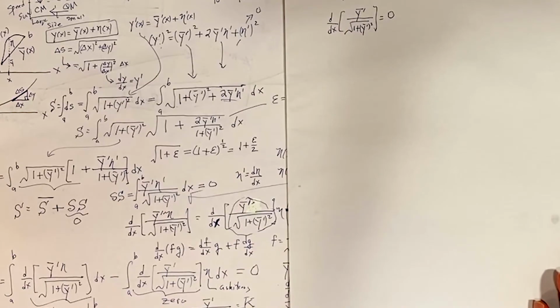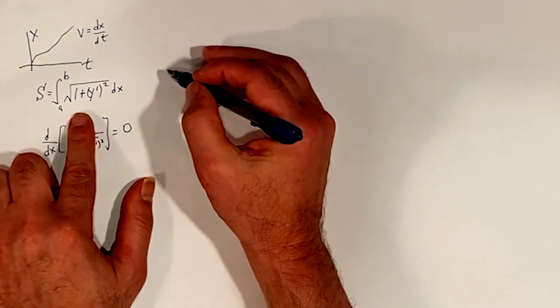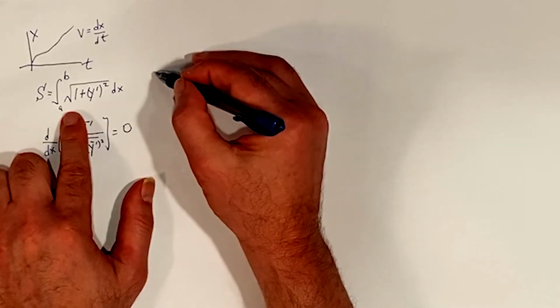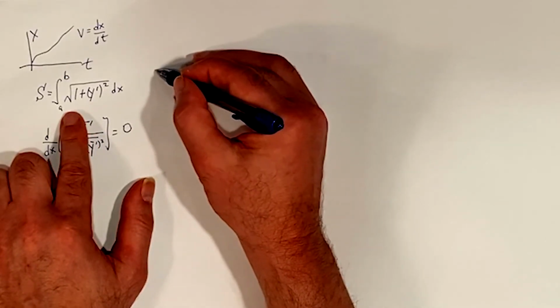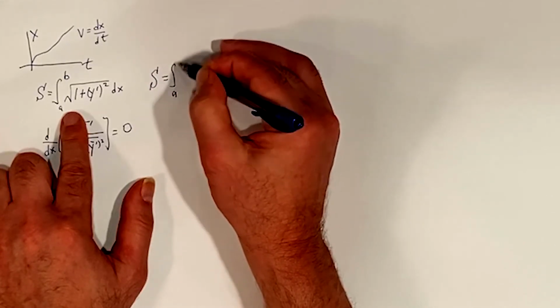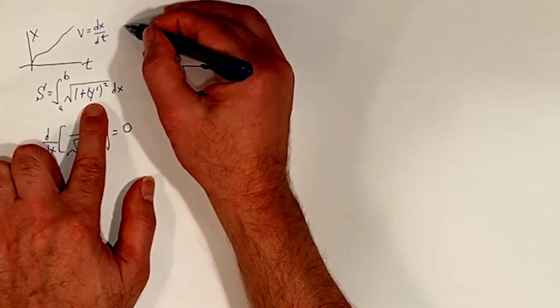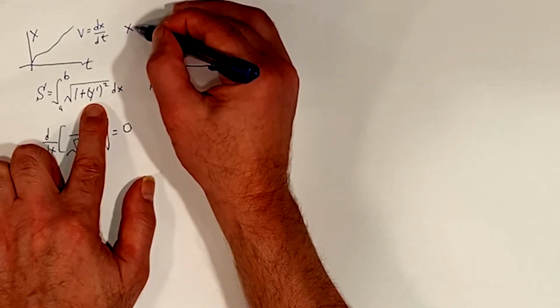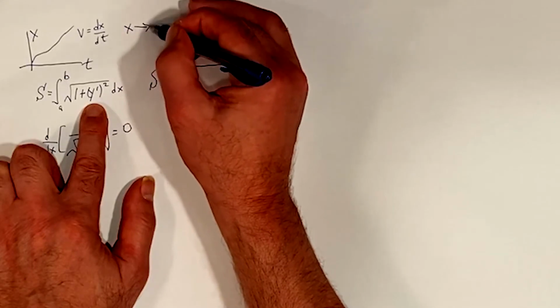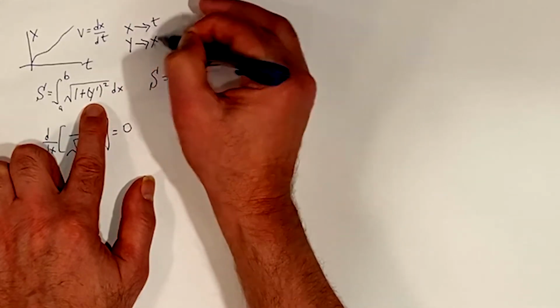Now, to make the transfer of the variable, what we need to do is replace the x by t. So we're going to look at s going from a to b. The old x is going to become the new t, and the old y is going to become the x.